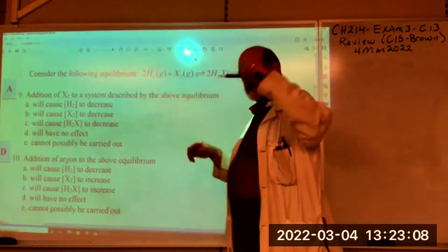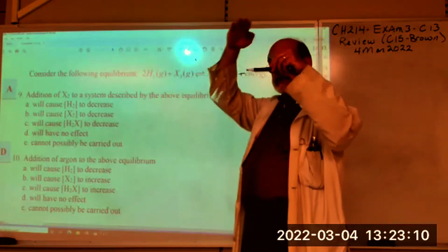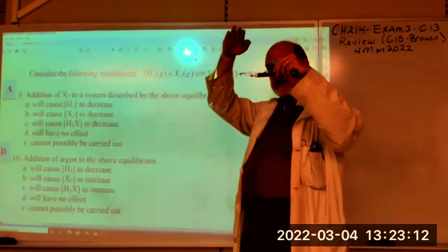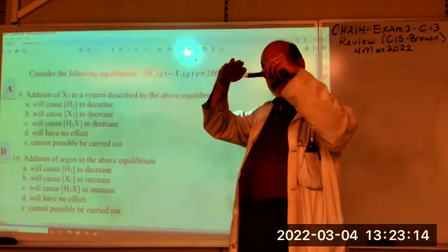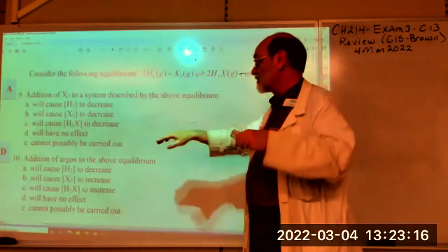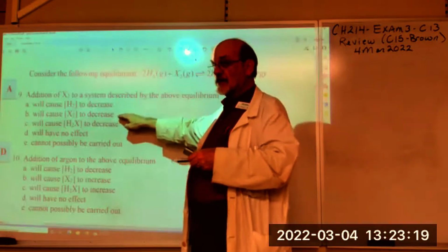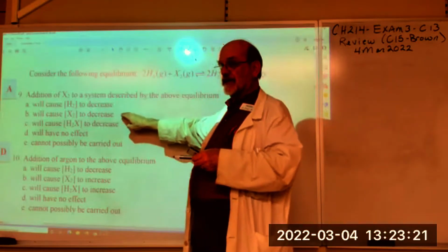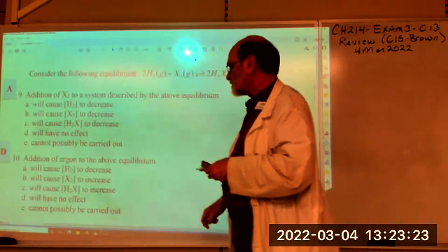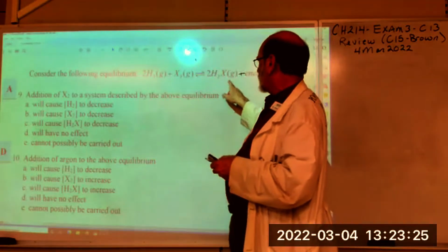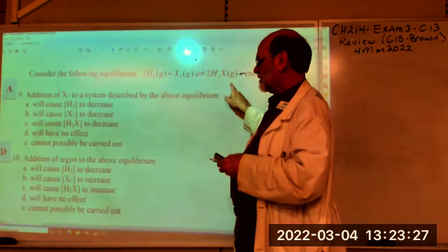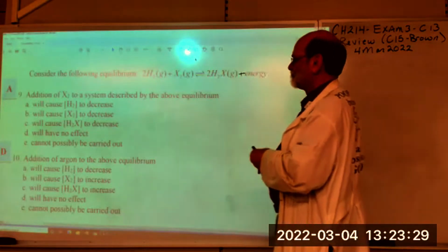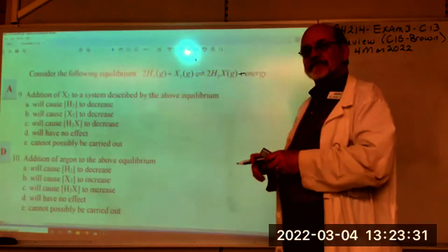So from the initial point to the addition, and then when it reaches equilibrium, it stops right in here somewhere. So you still got some extra X2. So X2 would actually increase at equilibrium. H2X to decrease? No, it's going to make more of that. So A is the answer.